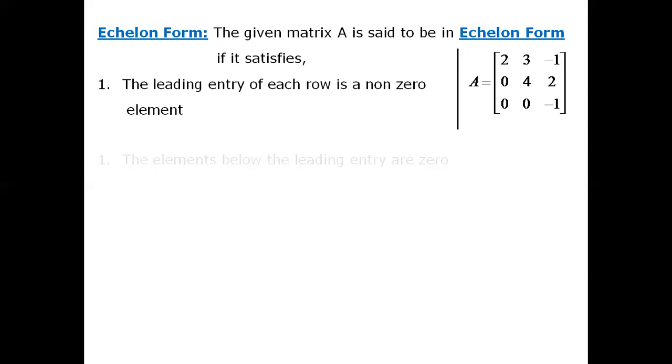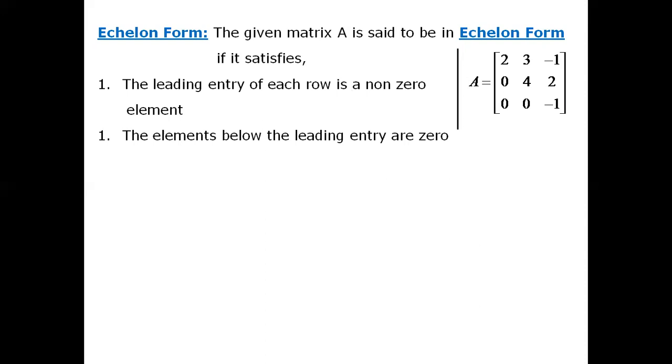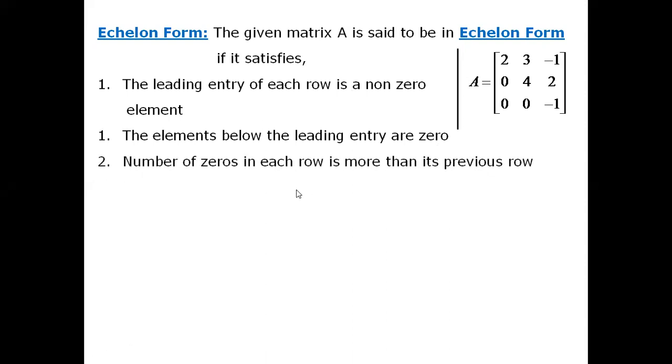The second condition says the elements below the leading entry are 0. The third condition says the number of zeros in each row is more than its previous row. And the last condition says all the zero rows are below the non-zero rows, and this is an optional condition.